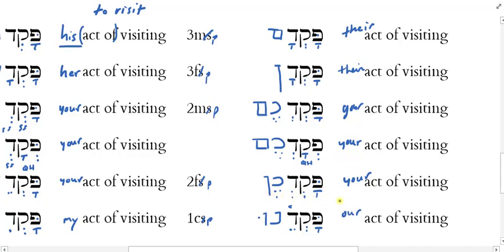Poke-dekhen is your or y'all's act of visiting, and that's a group of women. And then finally, poke-denu is our act of visiting.